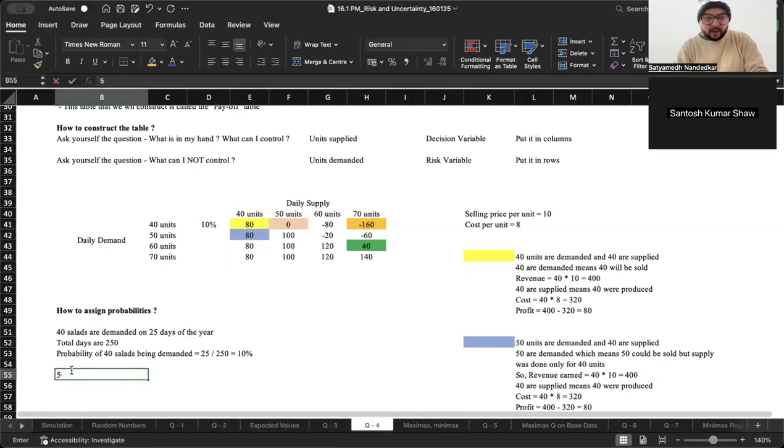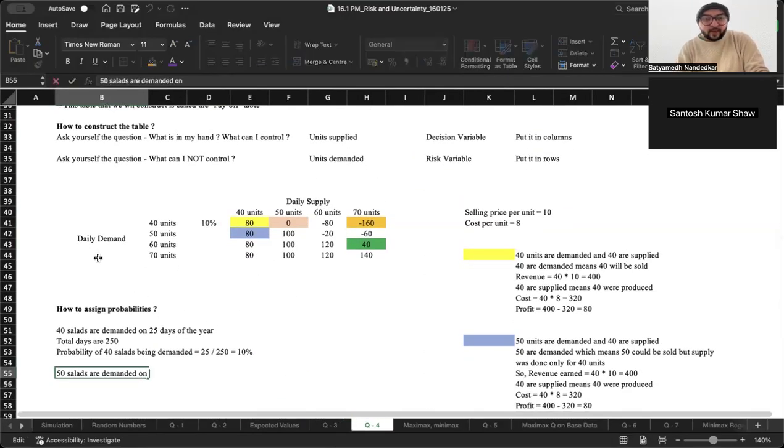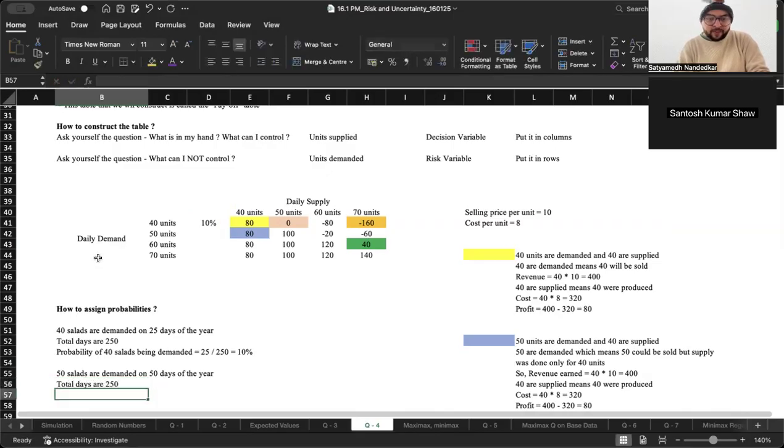ठीक है. Then 50 salads are demanded on 50 days of the year. And total days are 250.